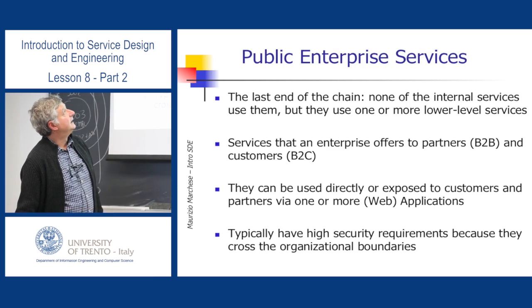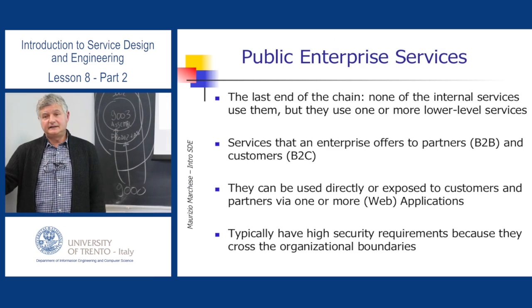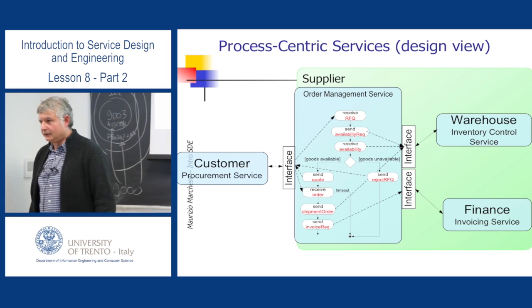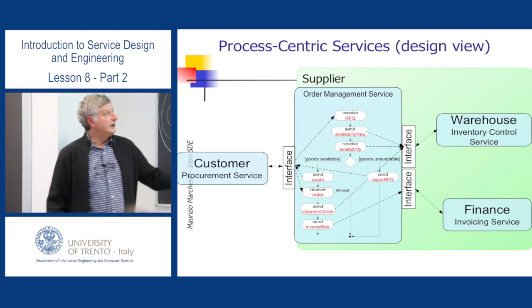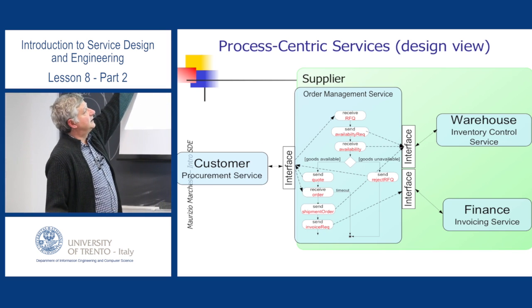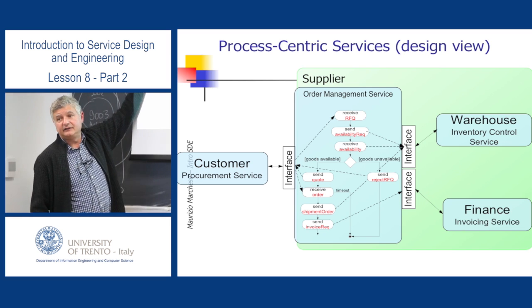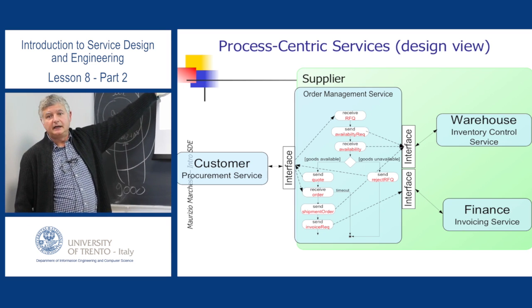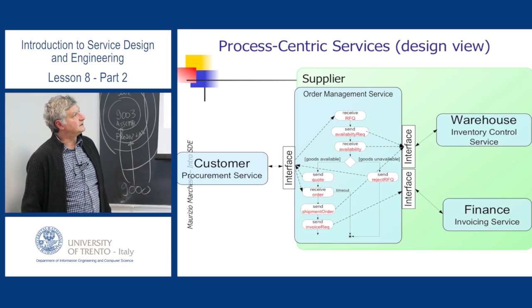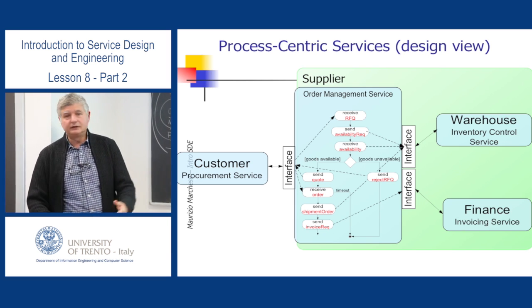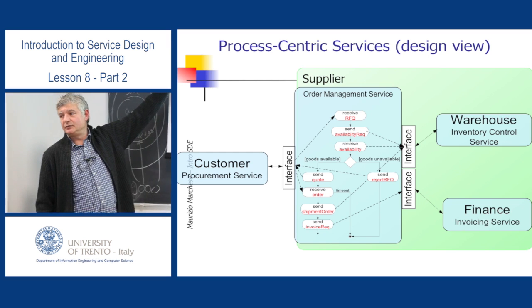The next level is the public enterprise services, where, by remaining on this slide, you can substitute this customer with maybe another similar box, because the customer can have its internal procedure as well. For instance, in the case of a university, when you are acquiring a good, there is an internal procedure that needs to be followed.